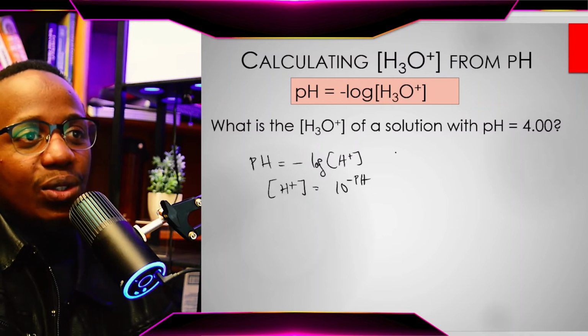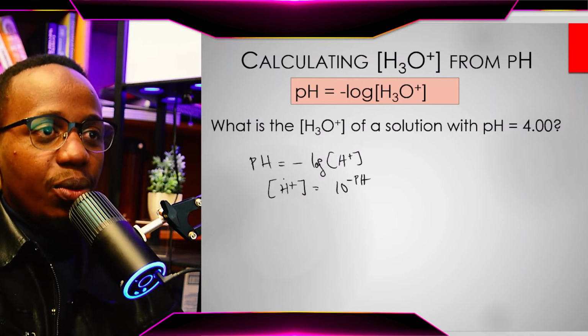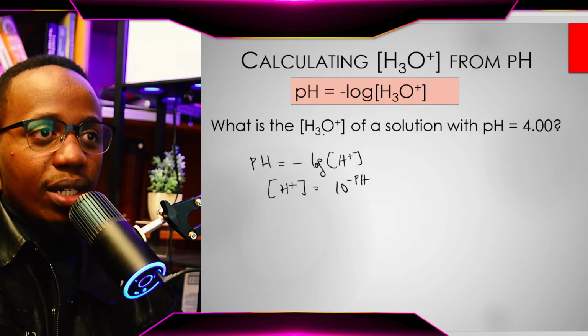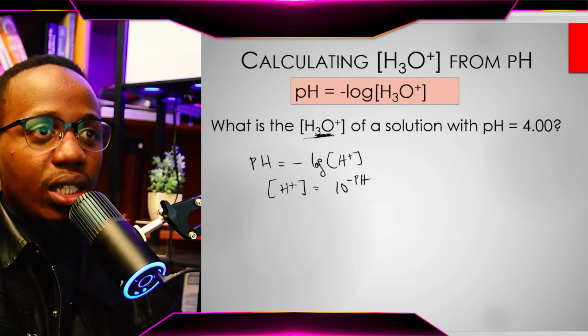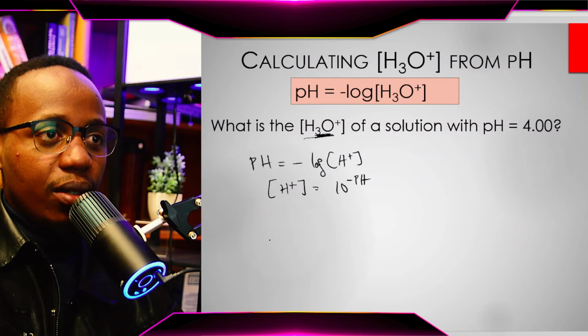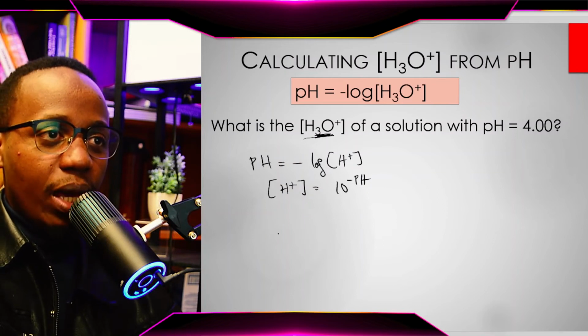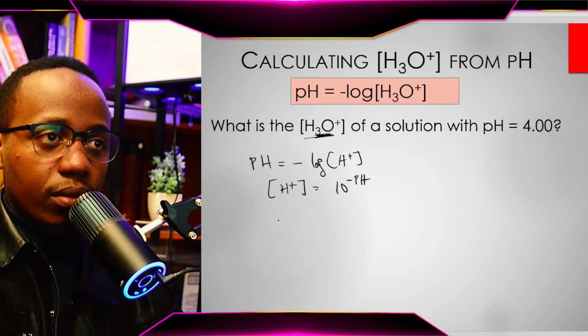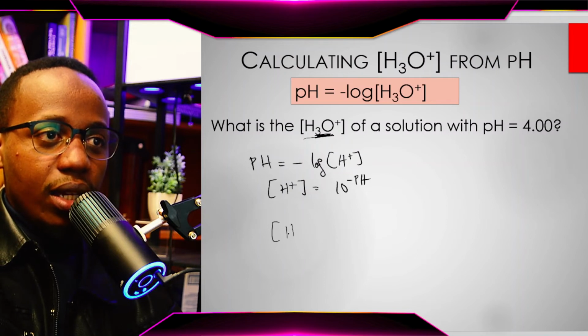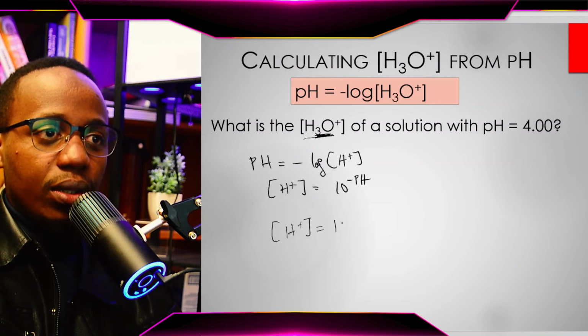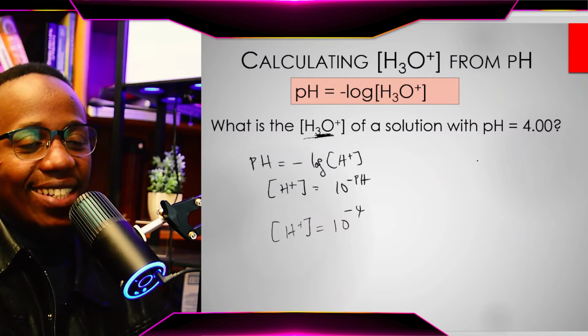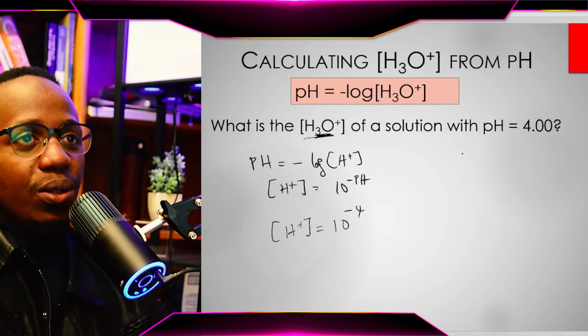And that is all you need to do. By the way, remember that the concentration of H plus is the same as the concentration of H3O plus. So don't get confused by that. So all you have to do is just say H plus is equal to 10 to the negative 4. That is it. That's all you need to do.